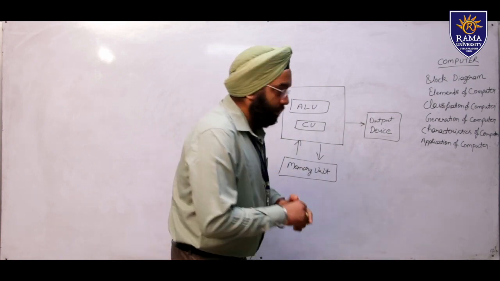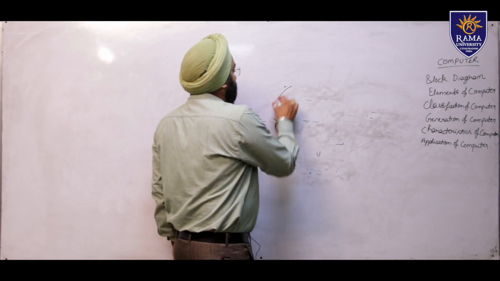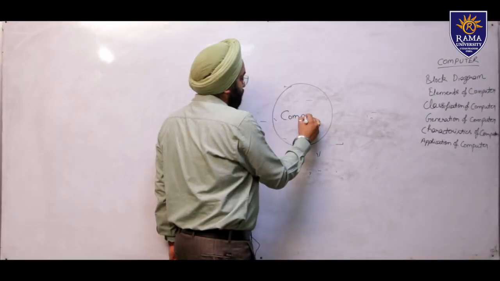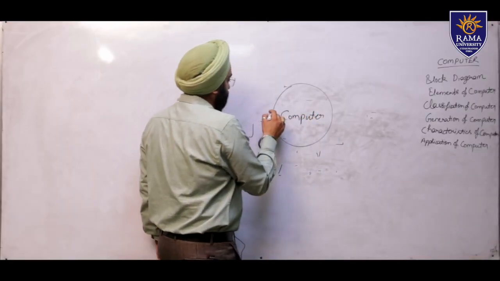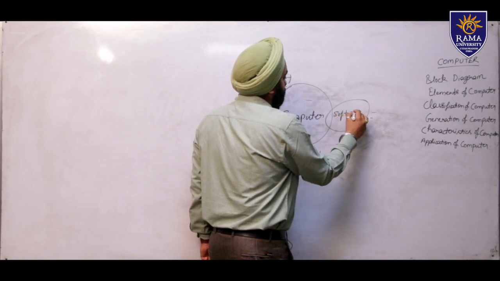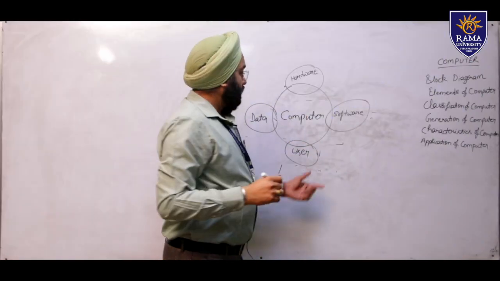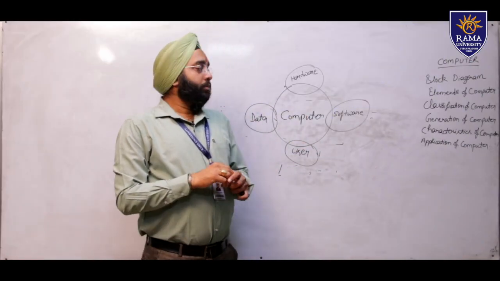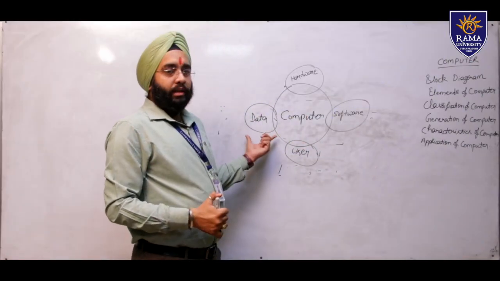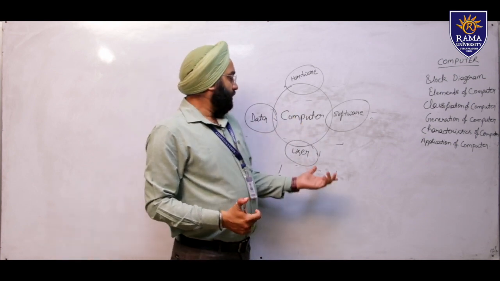Now we will talk about the elements of a computer system. Basically, a computer has 4 elements: data, user, software and hardware. These are the basic elements of a computer system. Starting with the data, on which we have to process, which will be converted into information.